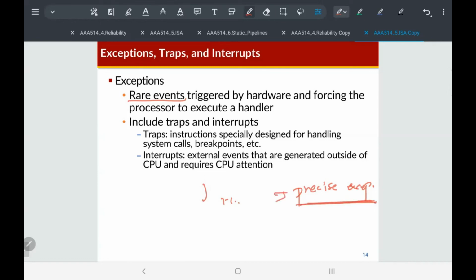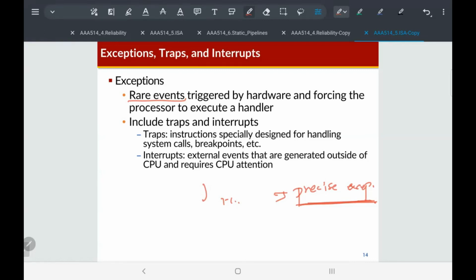So usually hardware is required to support the precise exception. But it's not always true for all kinds of hardware. Some hardware cannot support the precise exception. In that case, the hardware just supports some possible exception information, and then the software needs to handle these exceptions.